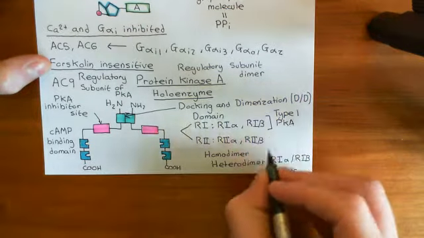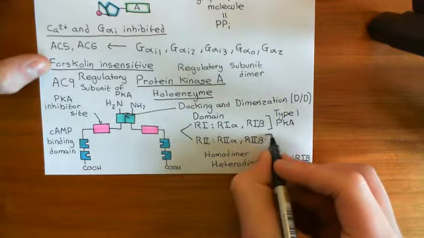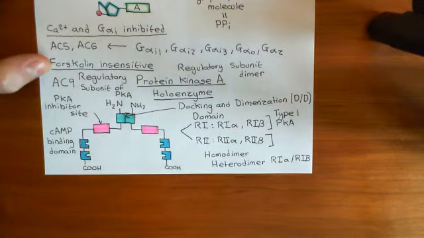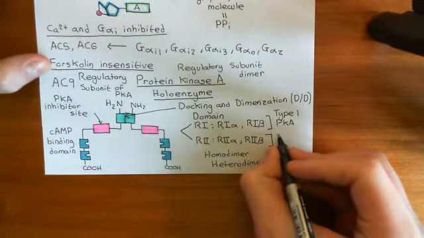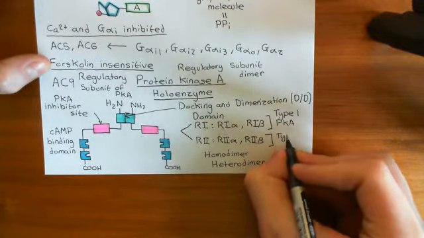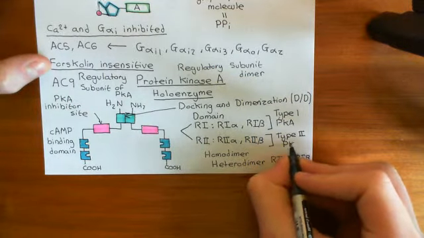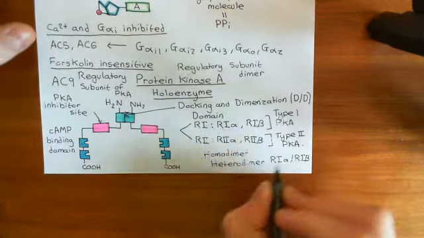Okay? And if you use type 2 regulatory subunits to make the regulatory subunit dimer that's going to be the backbone for your protein kinase A holoenzyme, then the overall holoenzyme that you end up with is known as a type 2 protein kinase A holoenzyme. Okay, right.